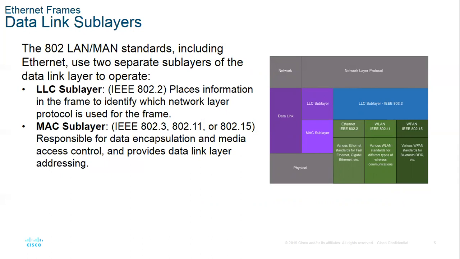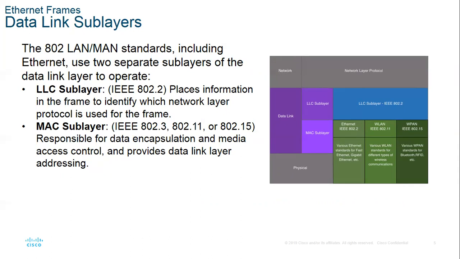The MAC sublayer, the lowest sublayer of the data link layer, will be part of a standard, either 802.3, which and its variants cover Ethernet, where the transmission medium is copper wire, twisted pair, or fiber optic.